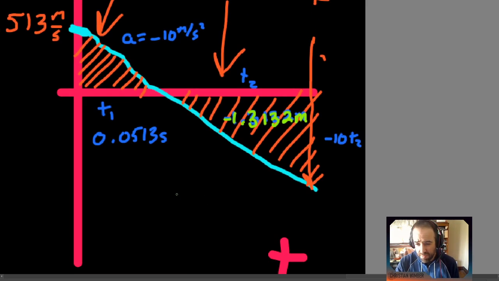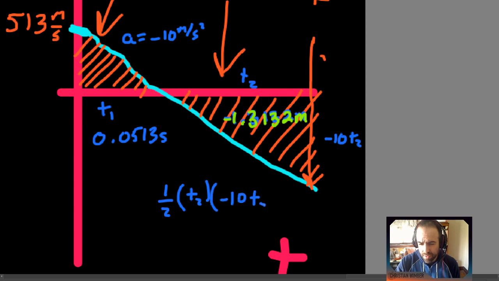So that means 1/2 base times height, 1/2 the base, this T2, times the height, negative 10 T2, must be equal to negative 1.3132 meters.